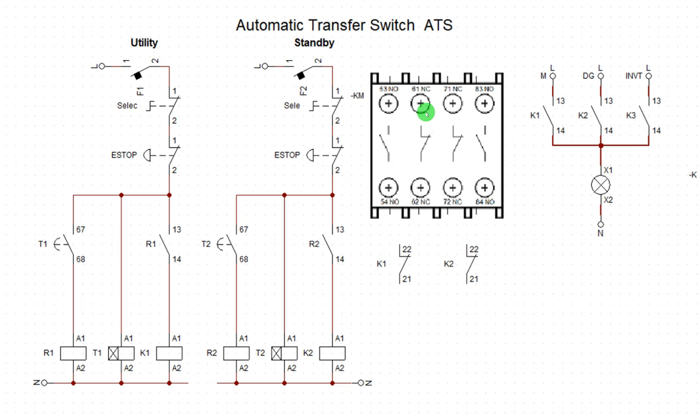The four slot means you're going to have two normally open and two normally closed, but the two slot is going to be one open and one closed only. So I prefer you buy the one open and one closed, at half of this, so that you save your money. All right, so this is the electrical interlock. It's going to be attached on these contactors. Okay.